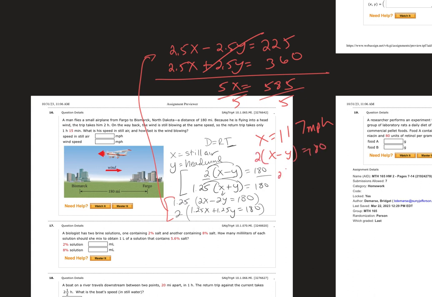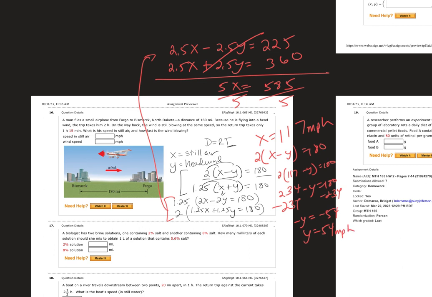I have 2 times 117 minus y equals 180. Subtract 234 from both sides. Negative y equals negative 54, so our headwind must be 54 miles per hour.